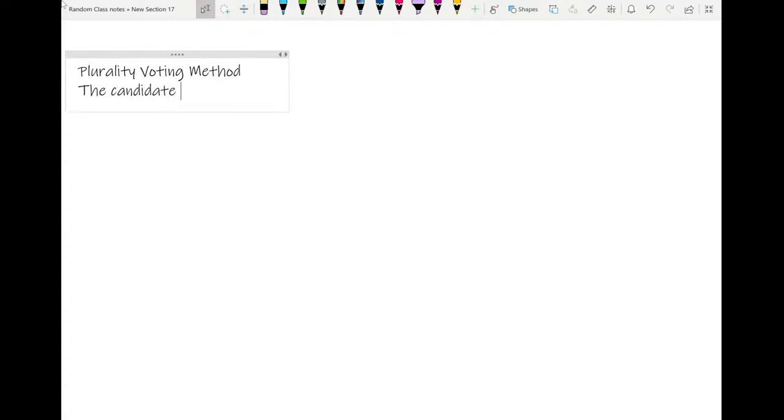The candidate or choice with the most first place votes is the winner.